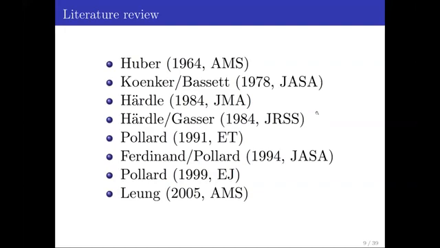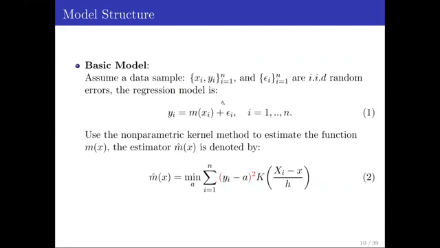So let's go to the model. My basic model, or my Bayesian model, is quite simple. Assume that you have a data set. Y is the dependent variable, and X is the independent variable. The m here is the unknown function. The general process to find the bandwidth is to use the leave-one-out method. The first step is indicated by equation 2.